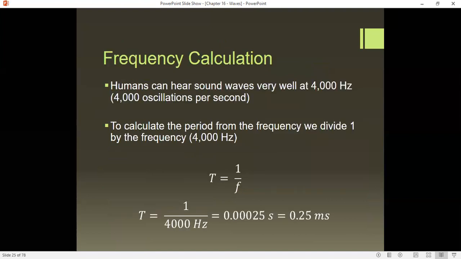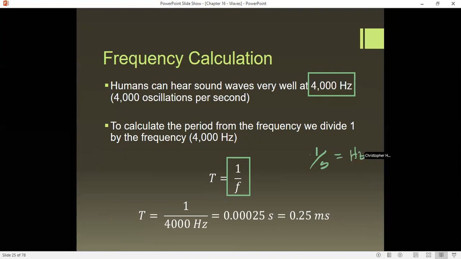And just some different examples here. Humans can hear from 20 hertz to 20,000 hertz, but the frequency that we hear the best is 4,000 hertz. If we want to calculate the period from that, we just take 1 over 4,000. Here we can see hertz is 1 over a second.